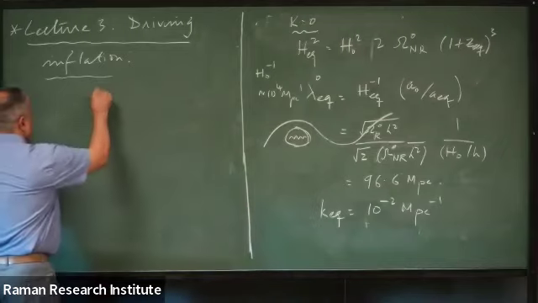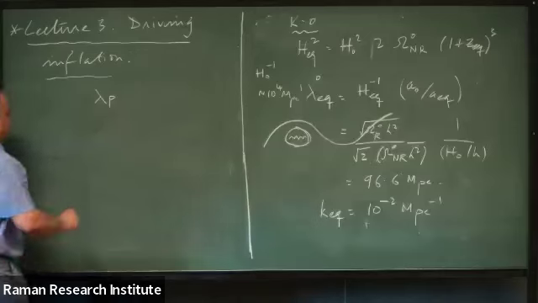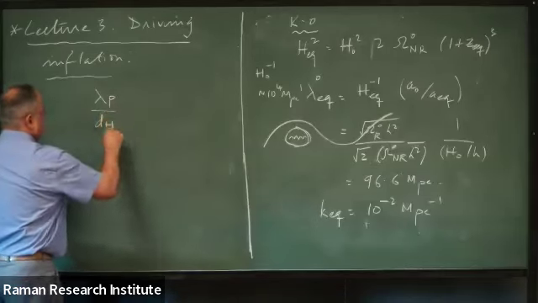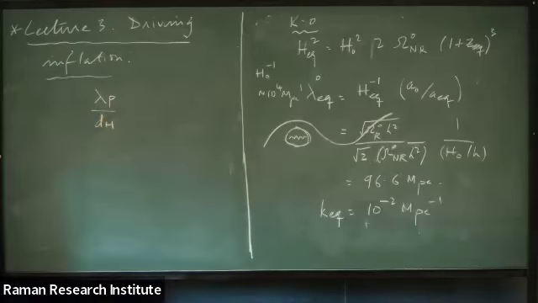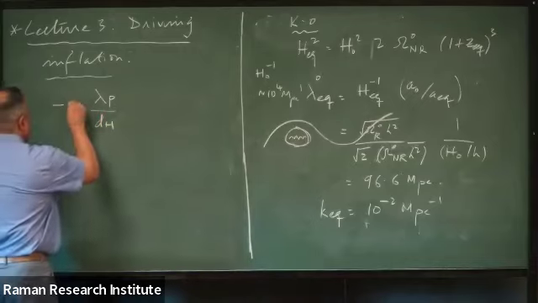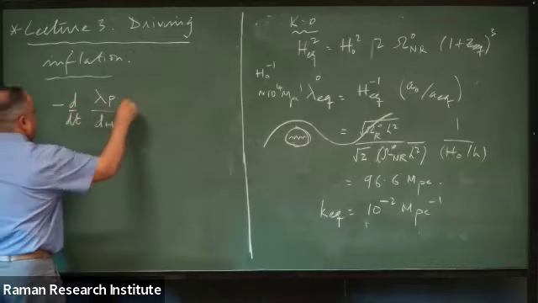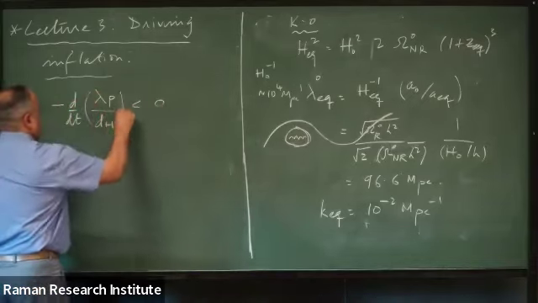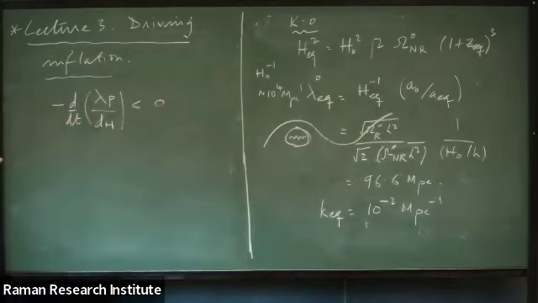So consider the ratio of the wavelength of the perturbation to the Hubble radius. As you go back in time, if this ratio can decrease, that is, minus d by dt is less than 0, you can ensure that there is an epoch when the wavelengths are inside the Hubble radius. Is that clear? That's all, nothing more.